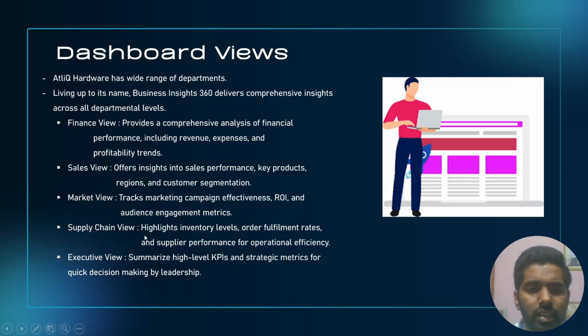In supply chain, we get highlights of inventory, how much is forecasted, and how much is the error, showing the net error. And the executive view is basically for CFO level. It summarizes high-level KPIs and strategic metrics for quick decision making by leadership.